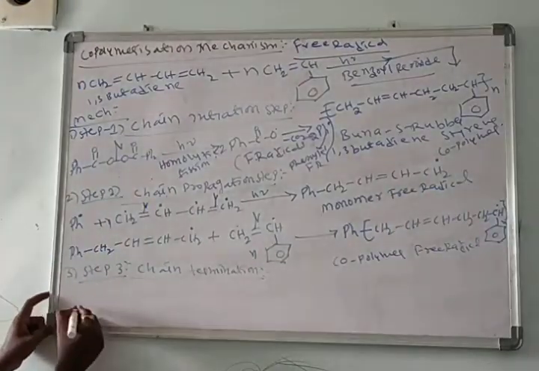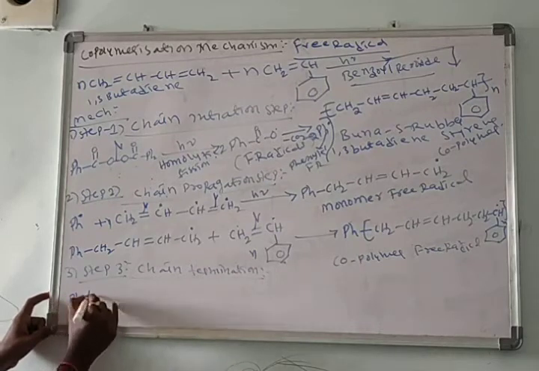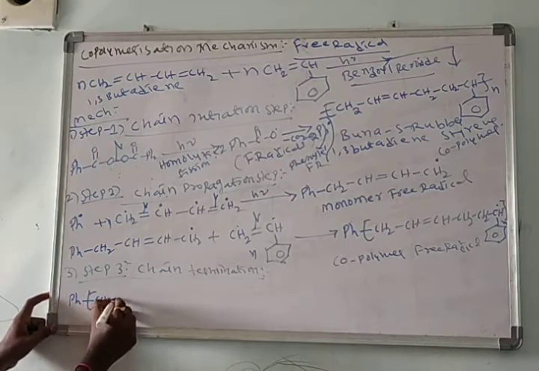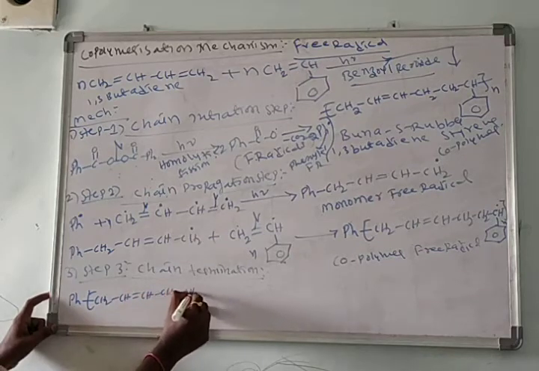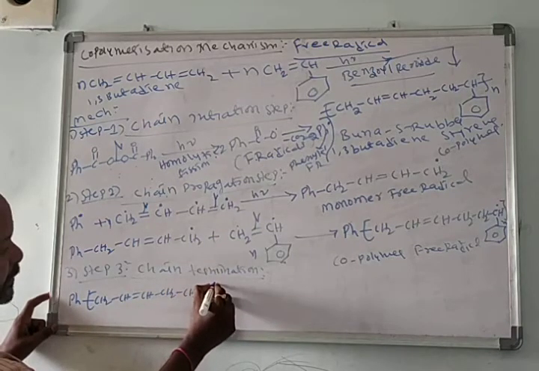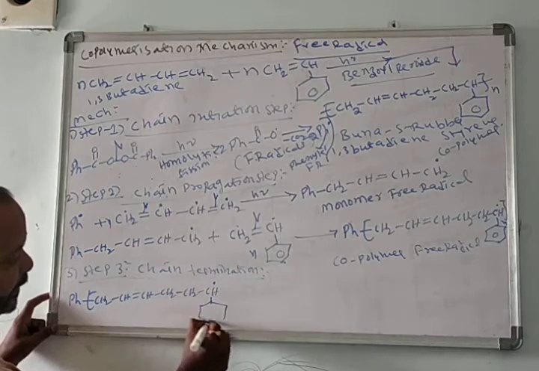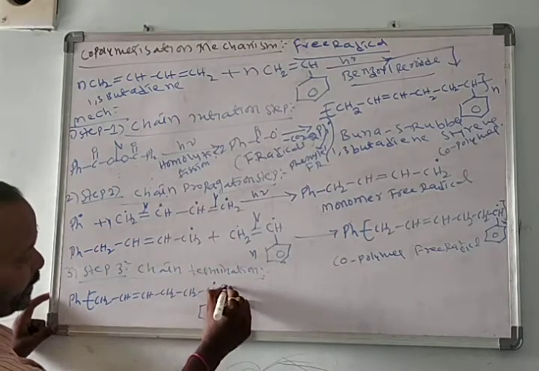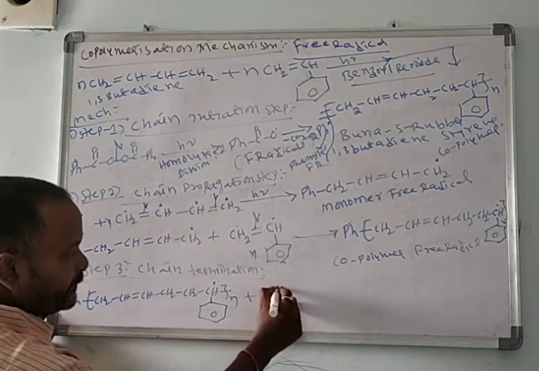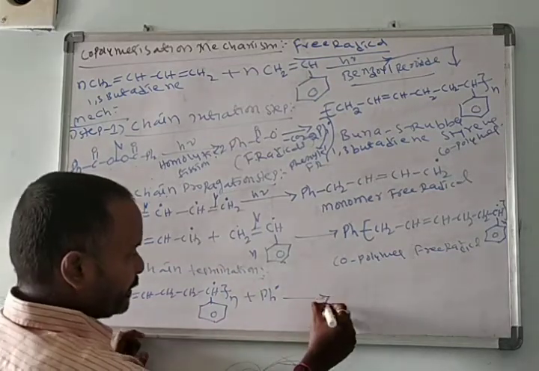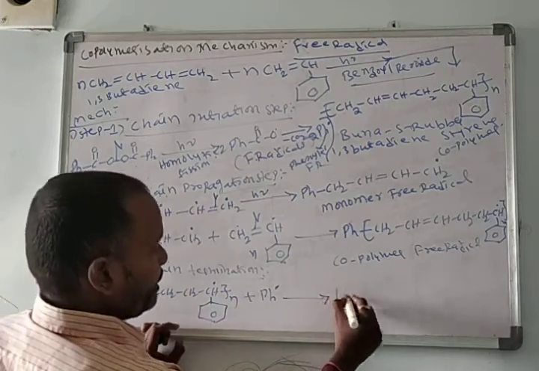Take this one: here Ph, CH2, CH double bond CH, CH2, CH2, CH dot, with a phenyl group, taken n times. This reacts with the phenyl free radical. What happened?